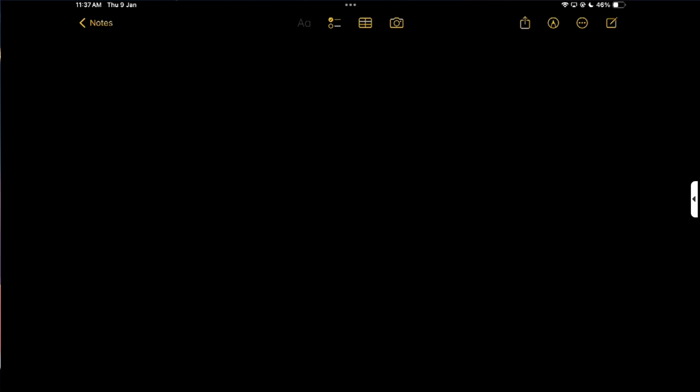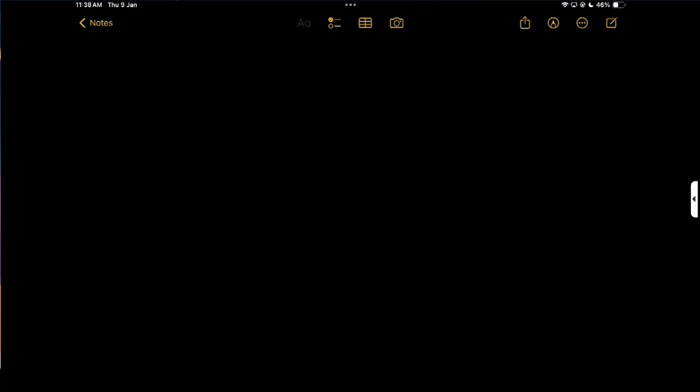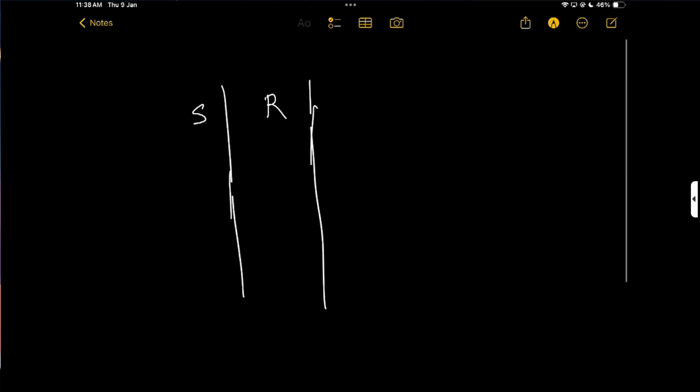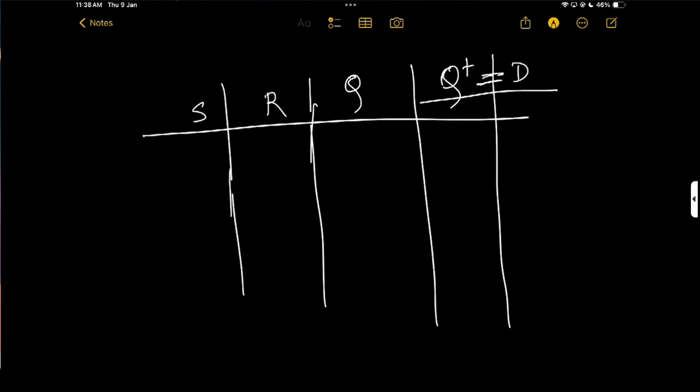So how to make a D latch by using an SR latch. First we see the SR latch: S, R, Q, and my next state Q plus, and this is also D. Basically this is the D truth table also.